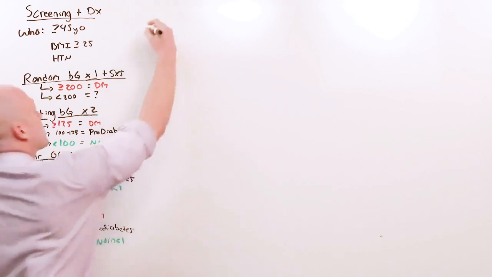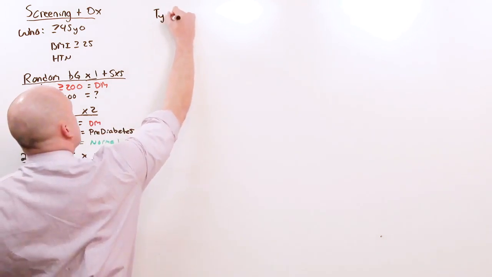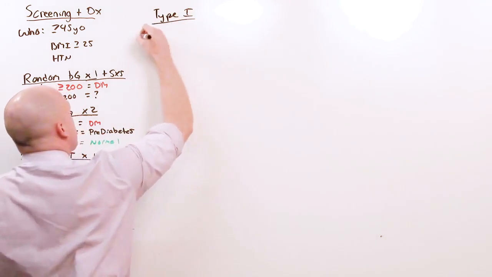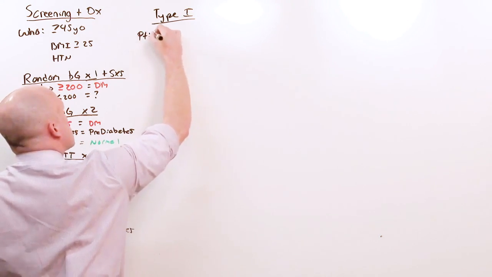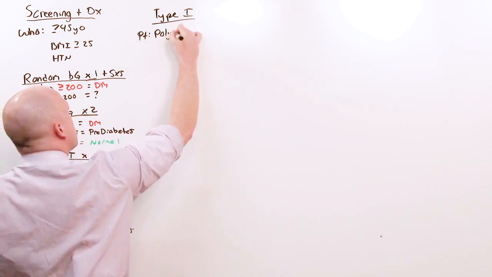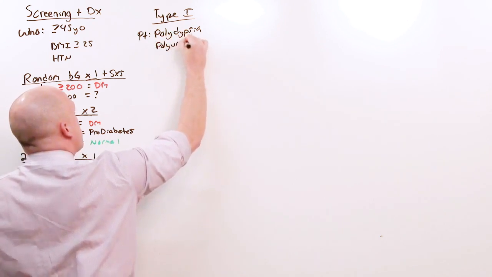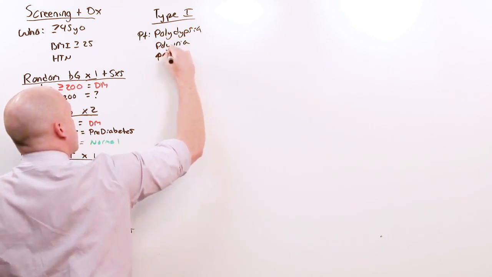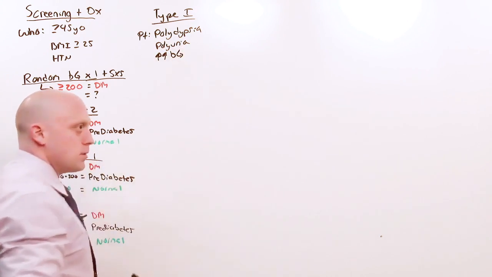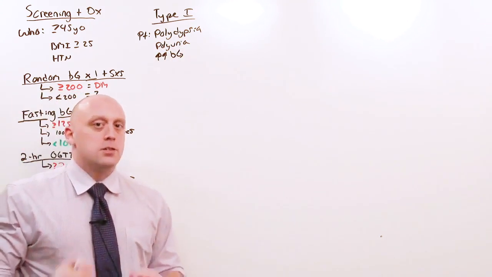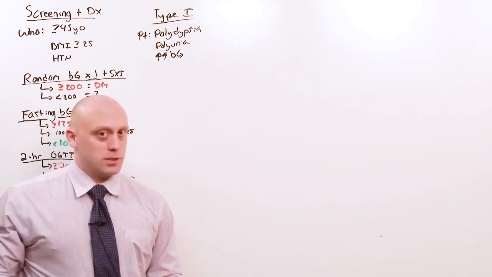There's also a consideration you need to have for type 1s. The patient is going to present to you with polydipsia and polyuria, and their blood sugar is going to be very high. Right? You're not going to miss this. Remember, type 1, no longer juvenile, no longer insulin dependent.